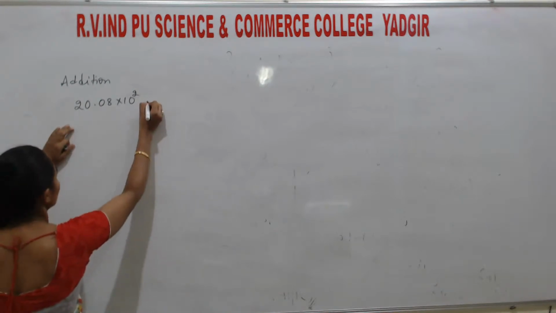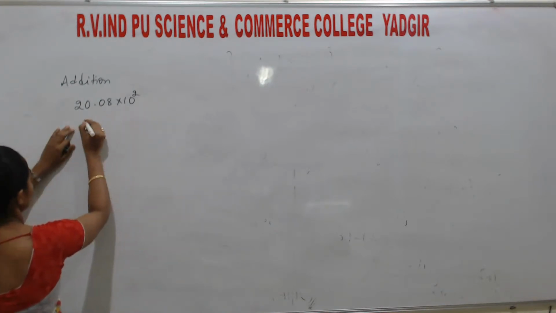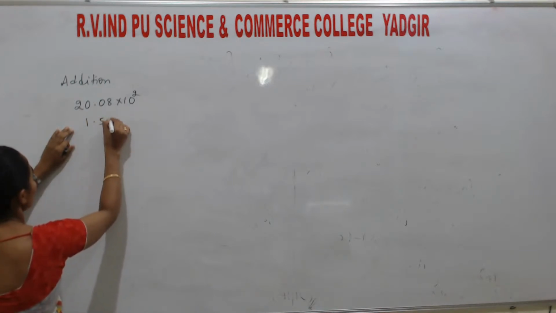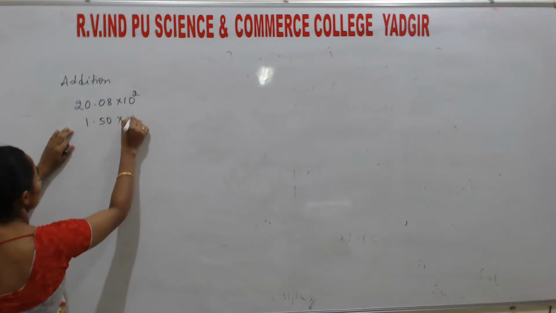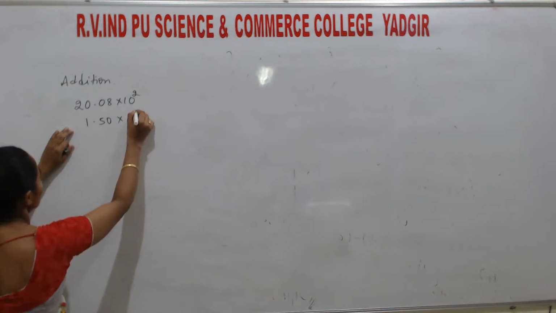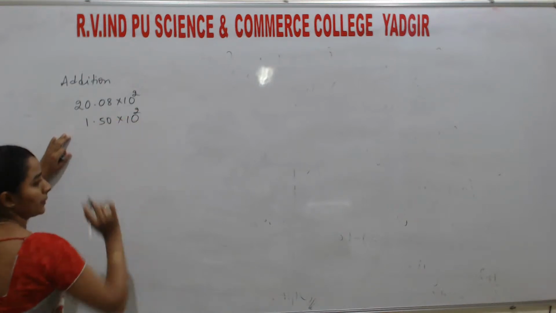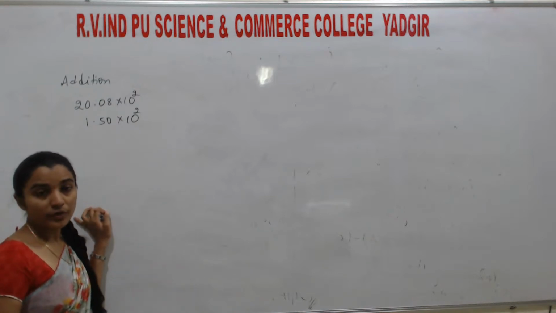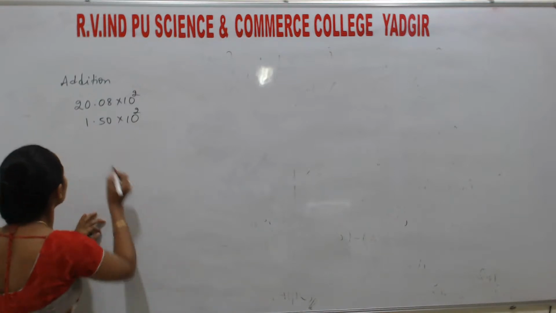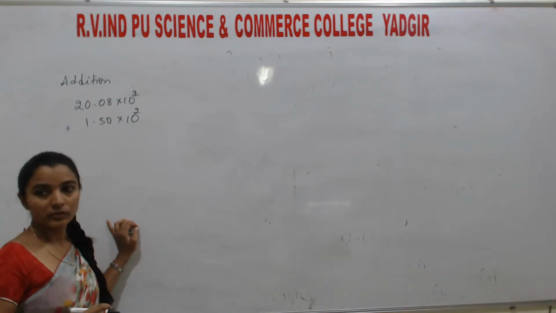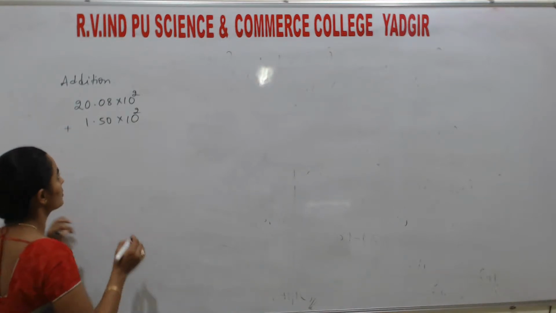Next, 1.50 into 10 to the power of 2. Okay, so we have to do what? Addition for these two. First you try to add, students.